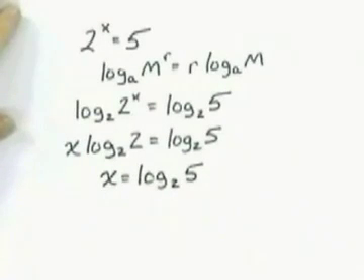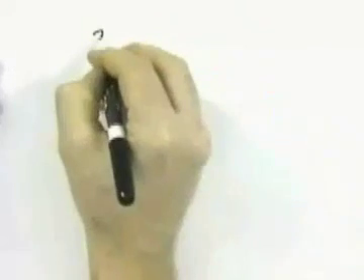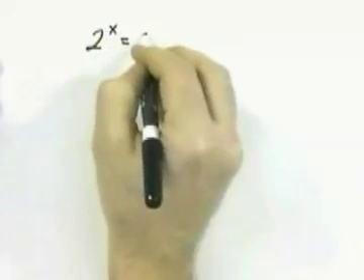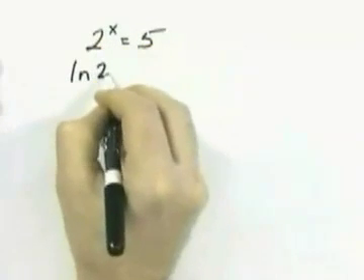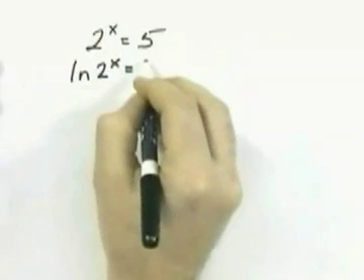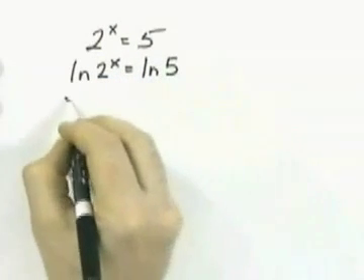Now suppose instead that I didn't use log to the base 2 to solve this problem. What would happen instead? Suppose I decided to take the natural log of both sides of the equation. Then I get the natural log of 2 to the x equals the natural log of 5.